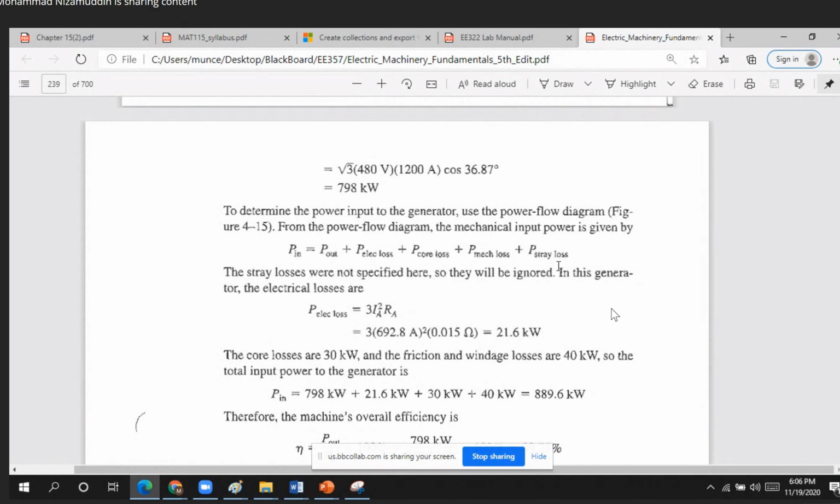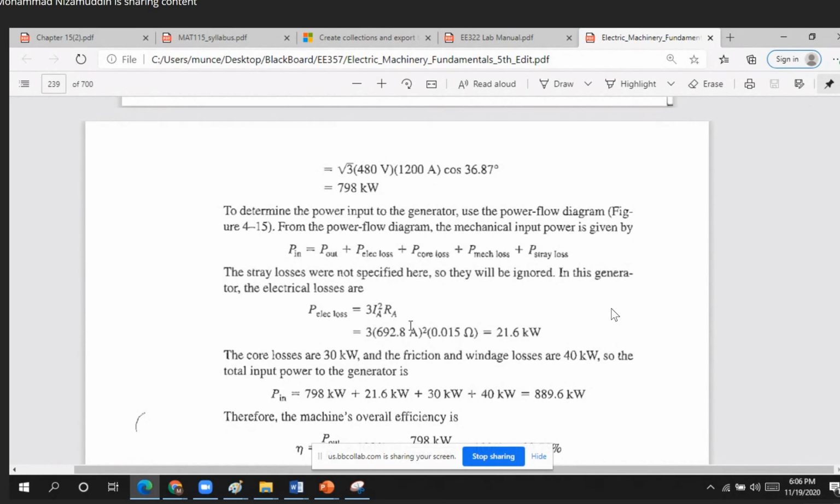All you add. So this is the electrical loss. This is armature copper loss. You know RA, so you can find I squared. I, you know, already is 692. It comes from 1200 divided by square root of 2, the square root of 3. That is the armature current. I squared, you know RA, then you times 3. Why are you using the phase current?